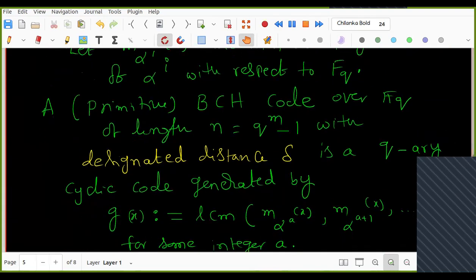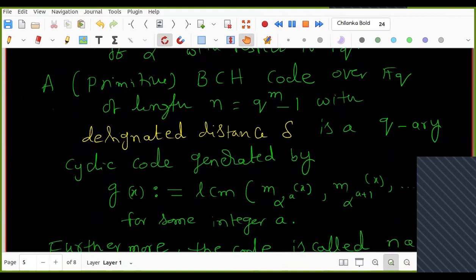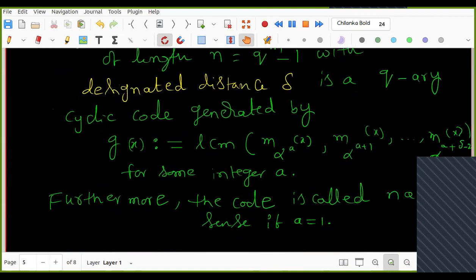A primitive BCH code over F q of length n equal to q power m minus 1 with designated distance delta is a q-ary cyclic code, meaning the alphabet is F q, generated by g of x, which is the LCM of m alpha power a of x, m alpha power a plus 1 of x, up to m alpha power a plus delta minus 2 of x. Is this clear?